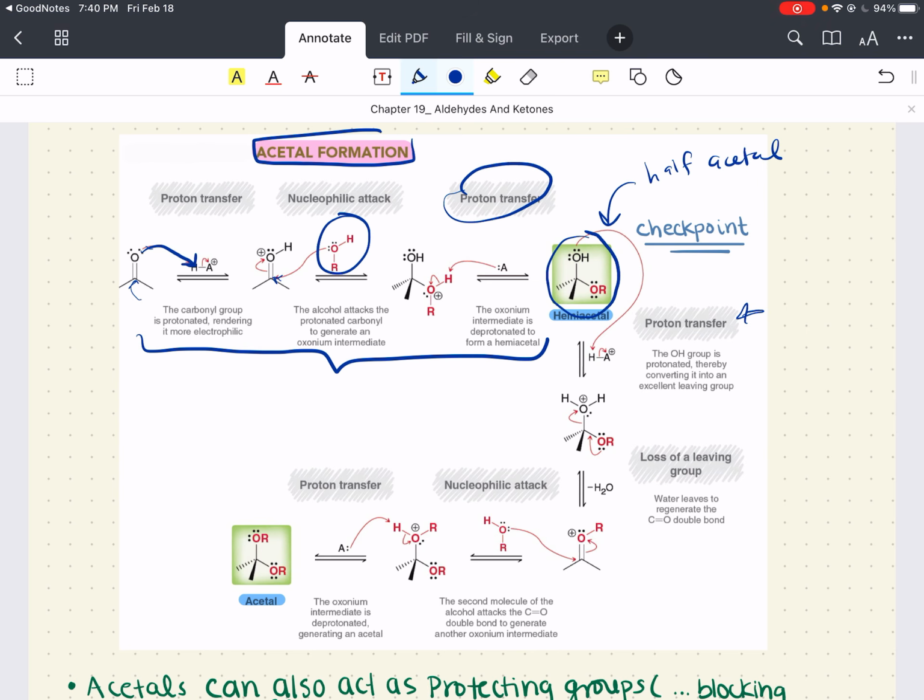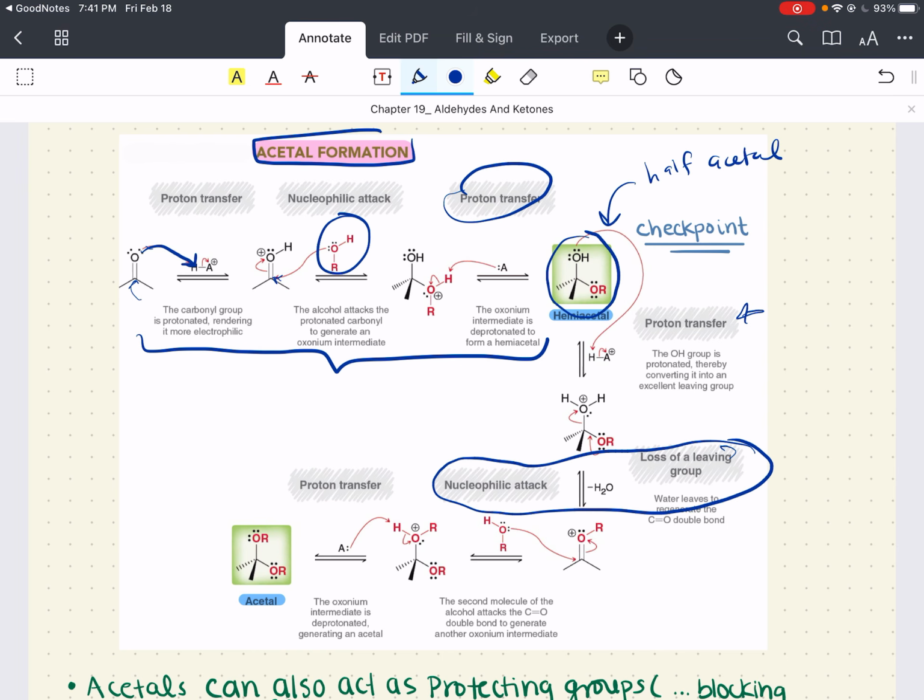Now it's really important. Sometimes when people are practicing the mechanism for this, they combine these two processes together and draw it combined, where the loss of a leaving group happens and immediately the nucleophilic group attacks. That's not really what happens.